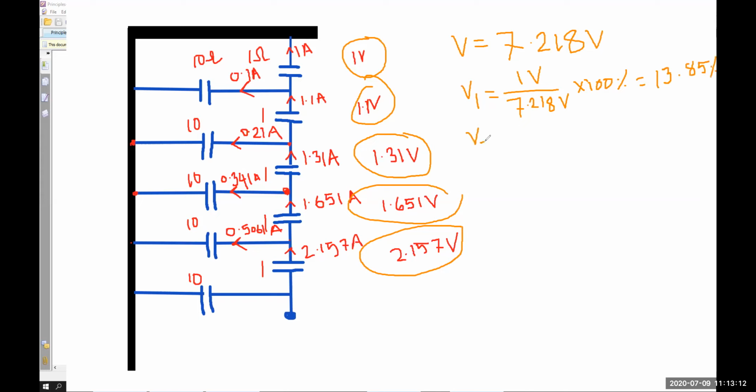What about your V2 percentage? 1.1, right? 15.24, approximately. The V3 will be 1.31, 18.15.